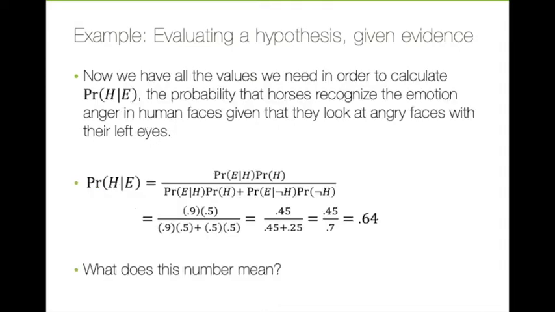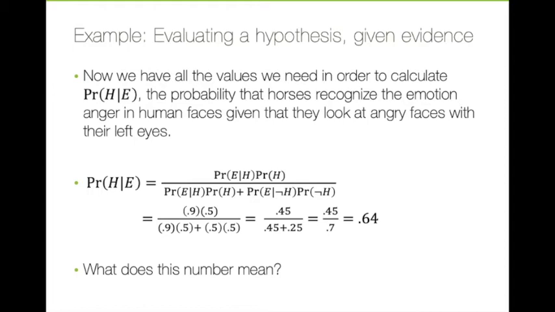Plugging in the numbers, we get 0.9 for the probability of E given H times 0.5, the probability of H, on the top. And then we need to multiply the probability of E given H times the probability of H as one of the terms in an addition. So notice that same term appears both on the top and the bottom, but because it's part of an addition, it doesn't cancel out.